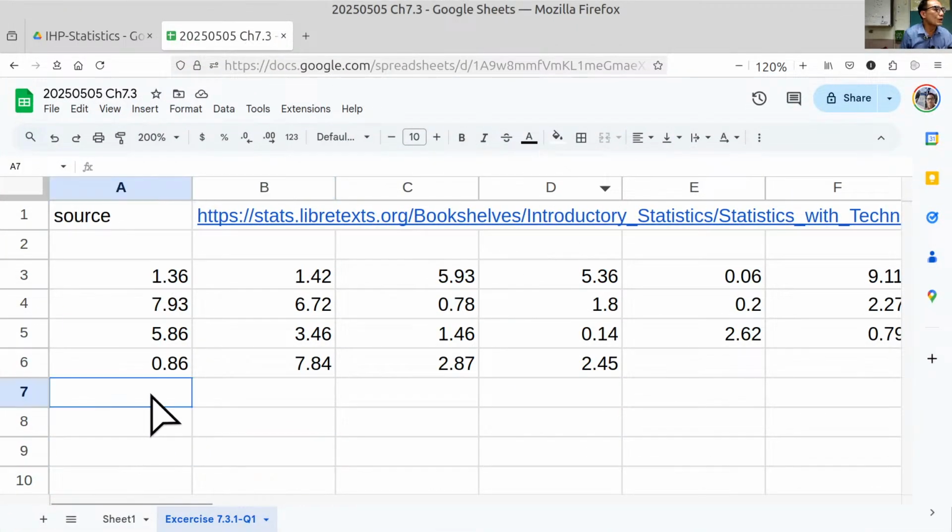First of all, try to find the mean. And the second one, find the sample standard deviation.